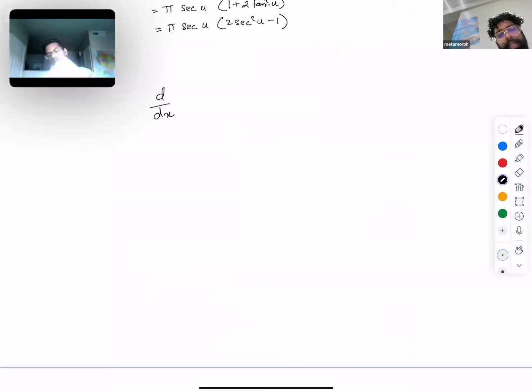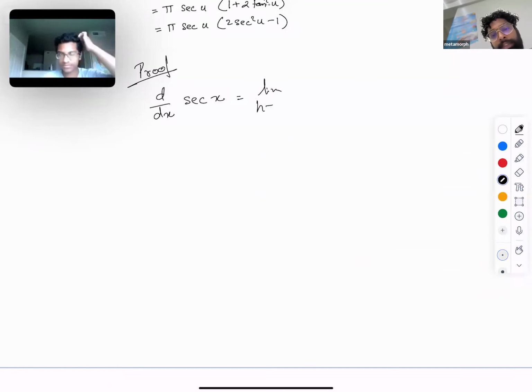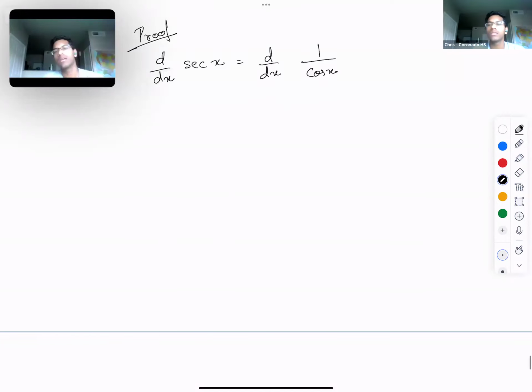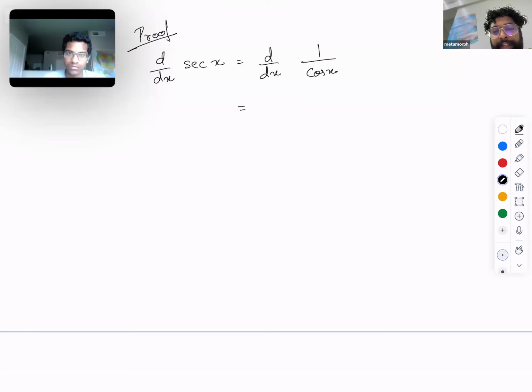D by dx of sec x. Then we can directly use these formulas. So d by dx of sec x, how do I find this? Limit h approaches 0. Oh, you know what we can do is, instead of the first principle, do d by dx of 1 over cos x. To find the derivative of sec x, we can use the quotient rule.